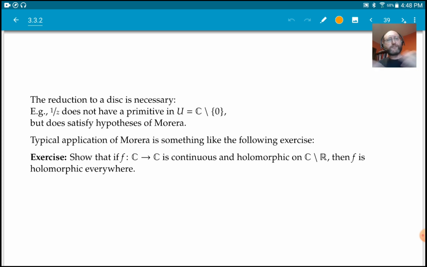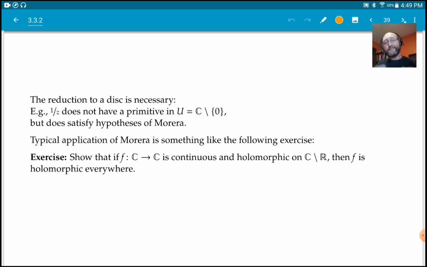Right, and there's other versions of this. For example, suppose that you have a function defined on some sort of a punctured disk or something, and it's continuous at a point and holomorphic outside. Then by Morera again, you would get holomorphicity. So there's a bunch of similar exercises.